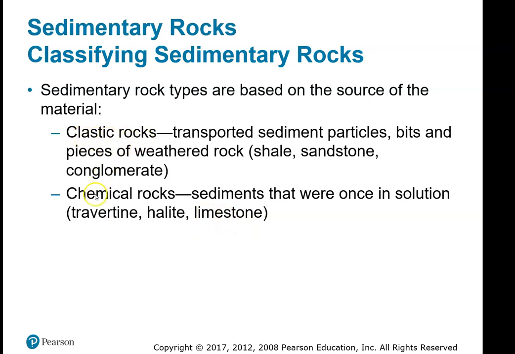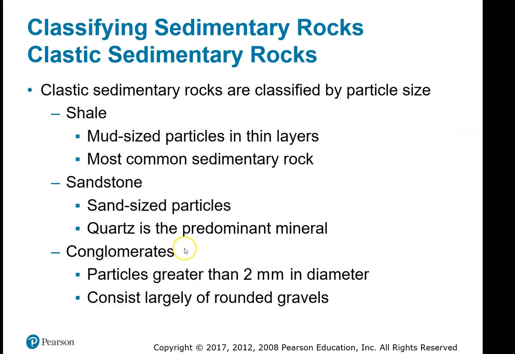All right, so those are the two main ones, right? Clastic rock and chemical rocks. Here are the different types of clastic. Actually, before that, I wanted to show you. Well, we'll go over this, and then I'll show you the pictures. So clastic sedimentary rocks have to do with particle size.